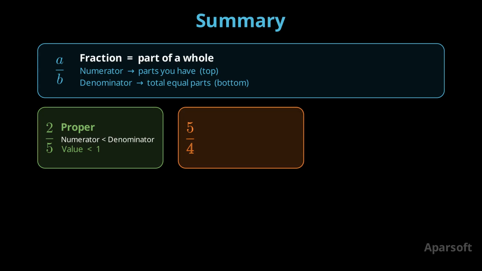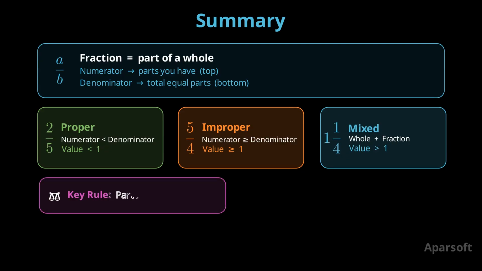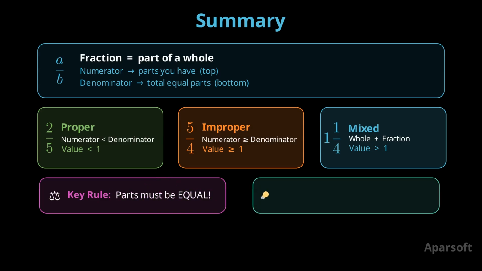Improper fractions have the numerator equal to or greater than the denominator, so their value is 1 or more. And mixed numbers combine a whole number with a proper fraction. Remember the golden rule: the parts must always be equal, and keep the memory tip handy. Denominator sounds like down-ominator.